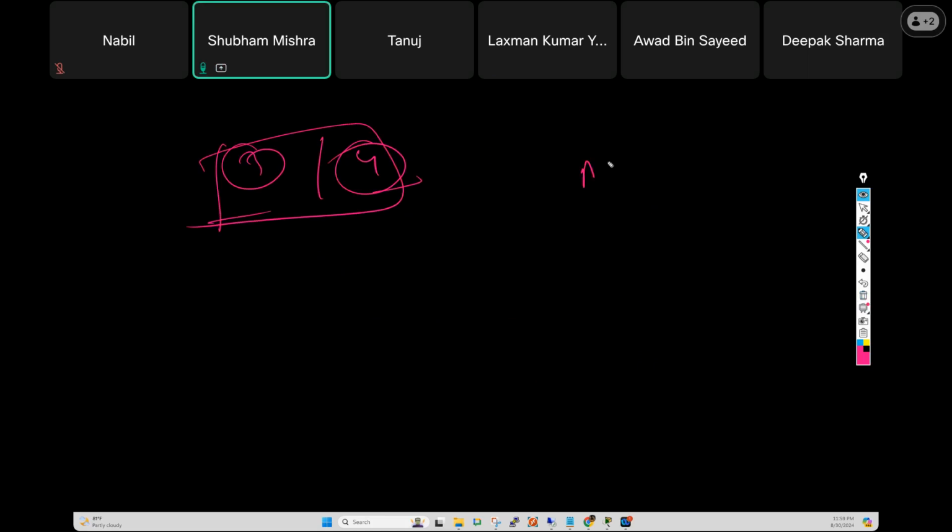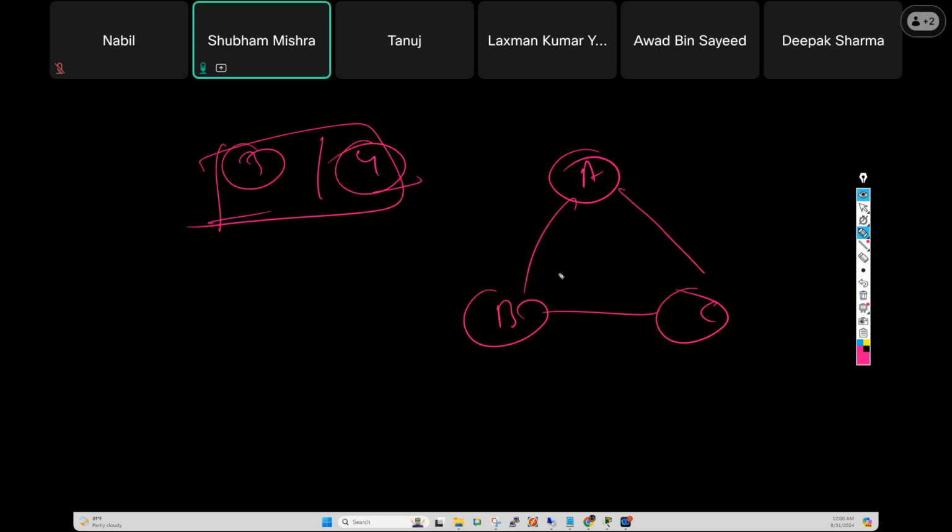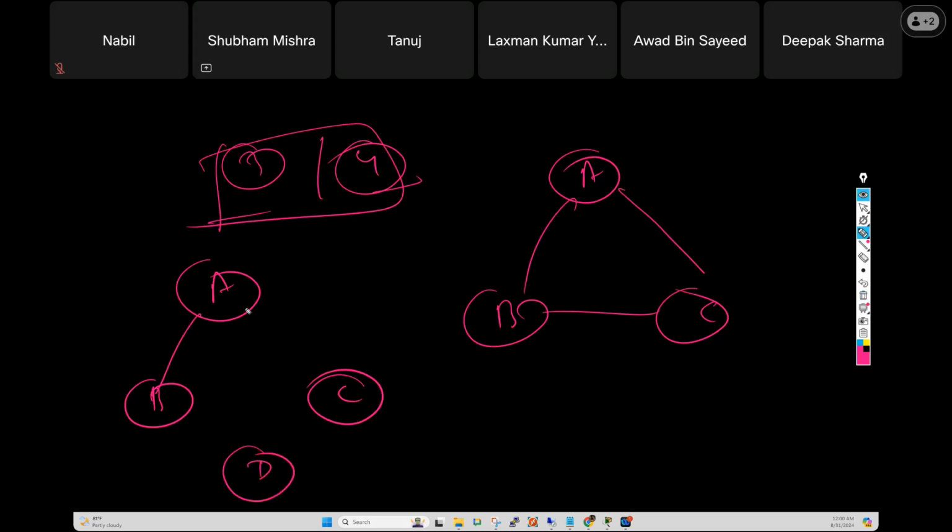I will discuss this topology with A, B, C, and let's make it more complicated, D and E.